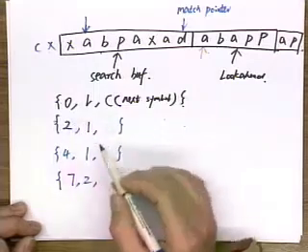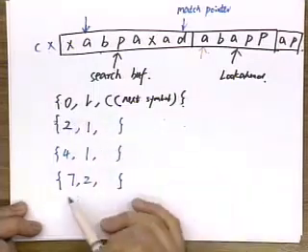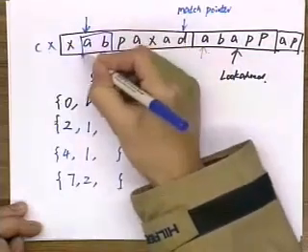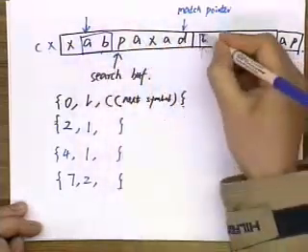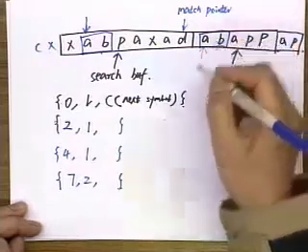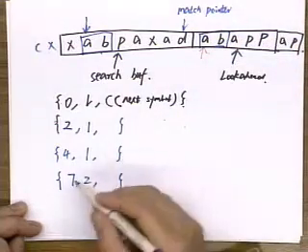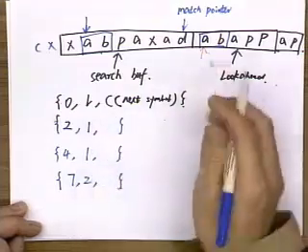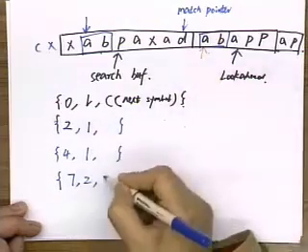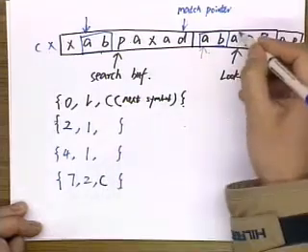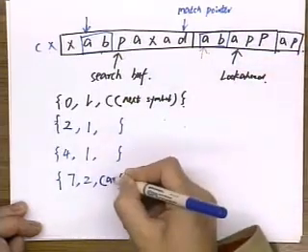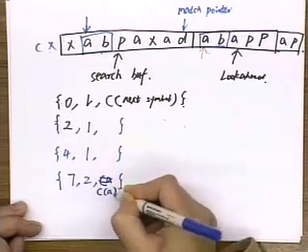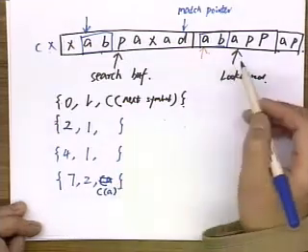It compares all these matches, so it finds the longest match actually happens here. So it encodes these two symbols into this triple, with 7 as the offset of the match pointer, 2 as the length of the match, and it also encodes the next symbol, so this is the code word for the next symbol.